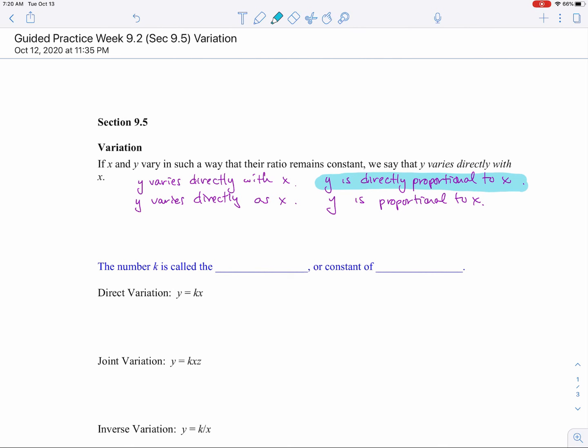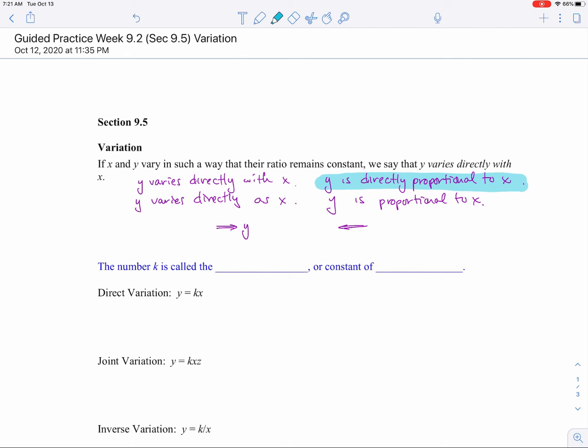Now, as for y is directly proportional to x, or y varies directly with x, all of these represent the same equation. And when we parse this, I want you to learn how to break these up in terms of words. Y, that one's easy. That's just the symbol y.